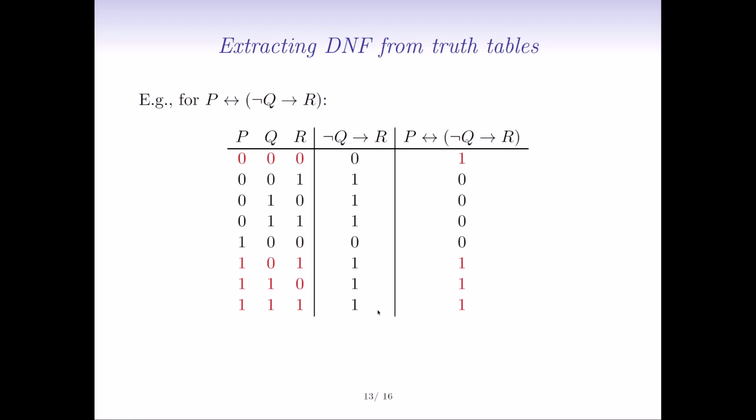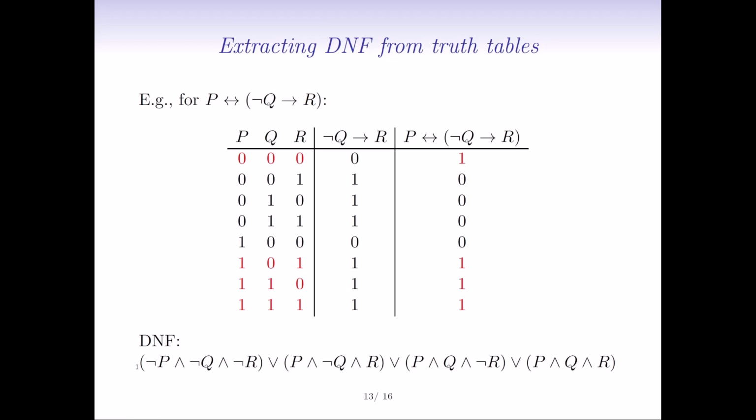that are given by these other rows. So each of these 4 possibilities corresponds precisely to a conjunctive clause of the DNF. The DNF formula will have 4 clauses, 1 for each line of the truth table that comes out to be 1. So the DNF is, as expected, not P and not Q and not R. That's the first possibility.